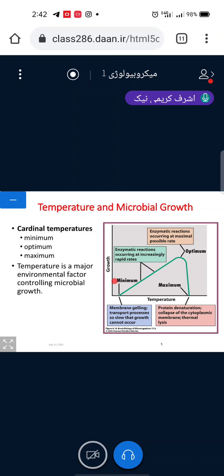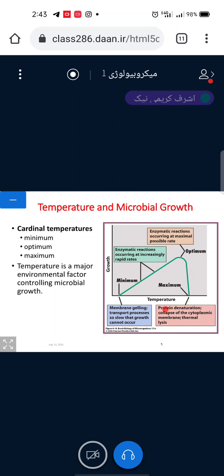At minimum and maximum temperatures, enzymatic reactions occur at increasingly slower rates. Membrane gelling and transport processes are so slow that growth cannot occur at minimum temperature, because the growth is slow.